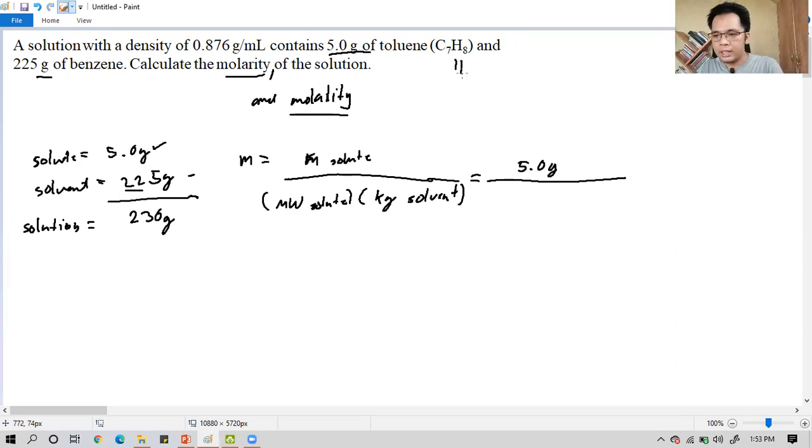That would be rounded up to 3 decimal places, guys: 12.011 times 7 plus 8 times 1.008. C7H8, that would be 92.141 grams per mole.